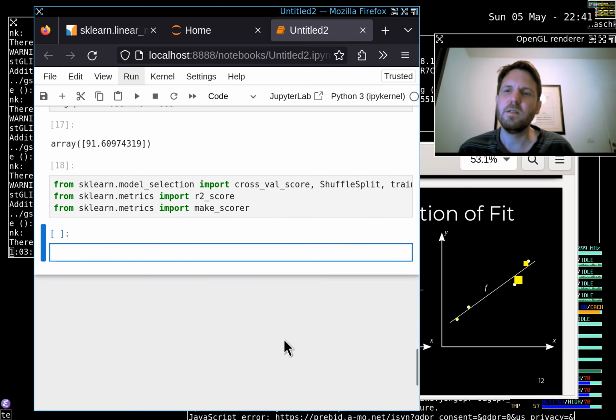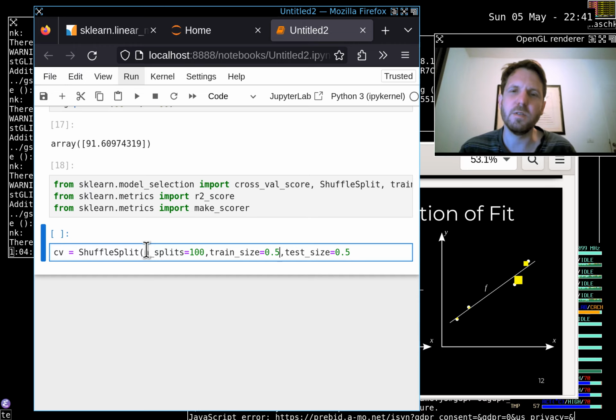Okay, we imported all this, we perform our cross-validation. In order to get nice statistics, let's do a lot of splits, because this will fluctuate a lot. We use a train size of 0.5, test size also 0.5. Let's do in this case 0.6, 0.4 in order to do something a bit different.